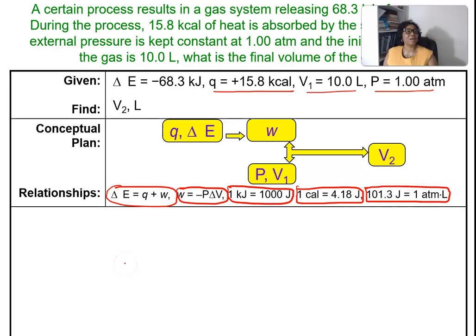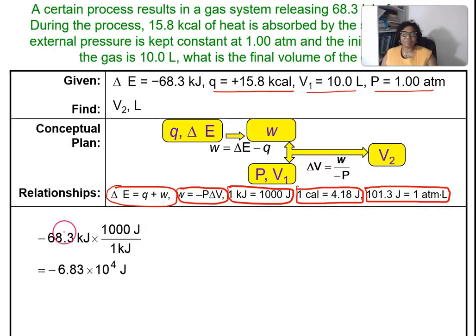Those are the conversion factors. So work: internal energy minus Q will give us the work energy. Then work divided by minus P will give us our change in volume. Then from change in volume, we are going to find the final volume.